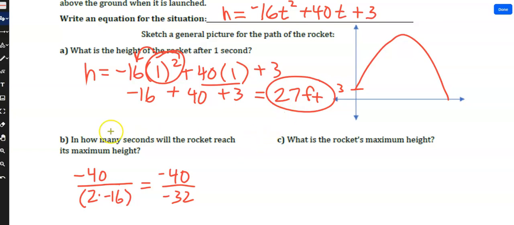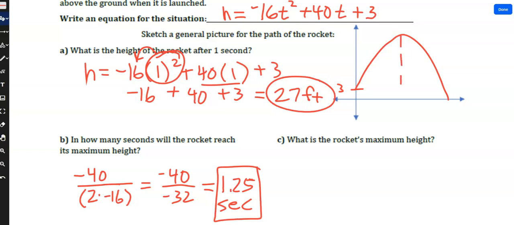What does that happen to be? Is that 1.25? I think it's 1.25. I'm going to look that up. Yep, 1 1/4. 1.25 seconds.